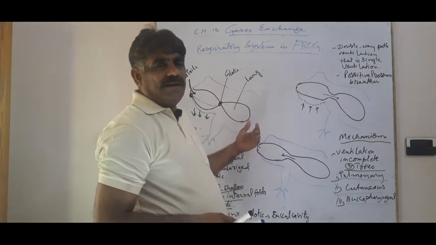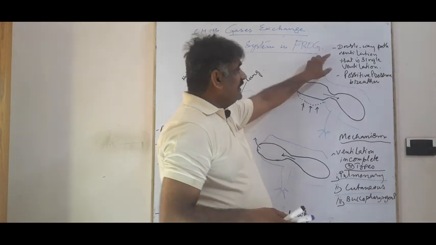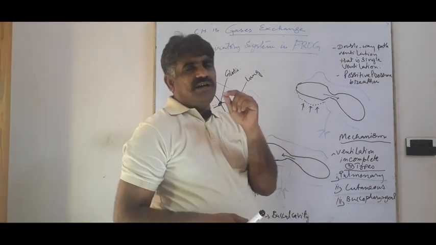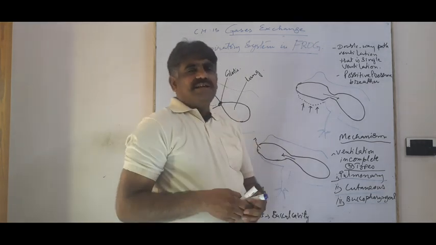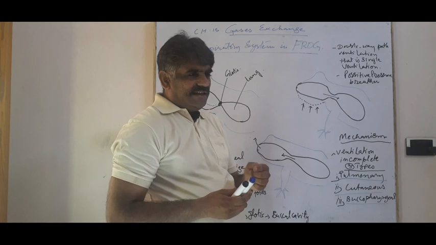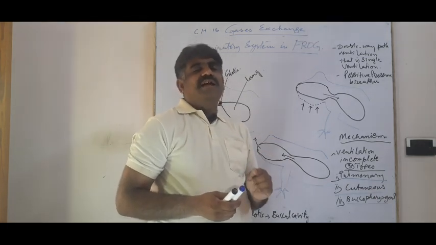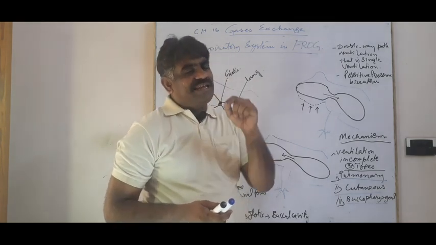What is the pathway? Actually, the pathway it uses is a double-way pathway, meaning ventilation is single, double-way pathway. It very simply means that the air goes to the lungs through the same path, and it goes out from the lungs using the same path.